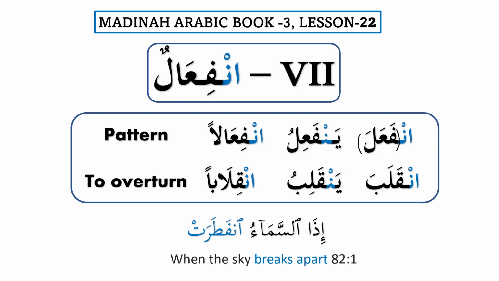What we need to notice is the addition of two letters. In form number 5 we have ta and tashdid. In form number 6 we have ta and alif, and here we have alif and noon. Basically it's hamza and noon, so the addition of hamza and noon makes it form number 7.